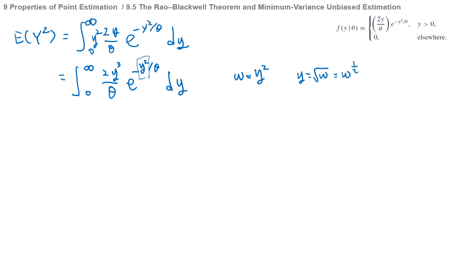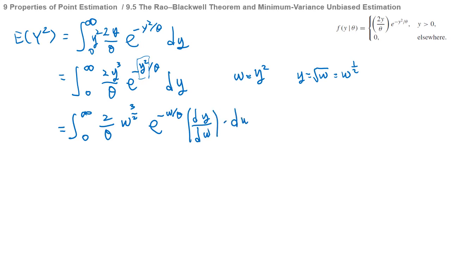And so then this is the integration from 0 to infinity of 2 w to the 3/2 over theta, and e to the minus w over theta, times dy dw times dw. So what is dy dw?